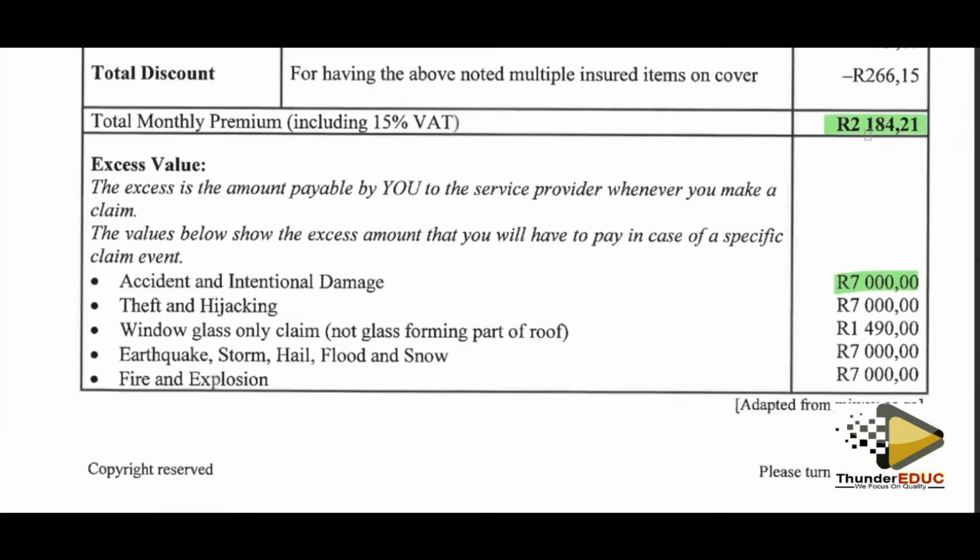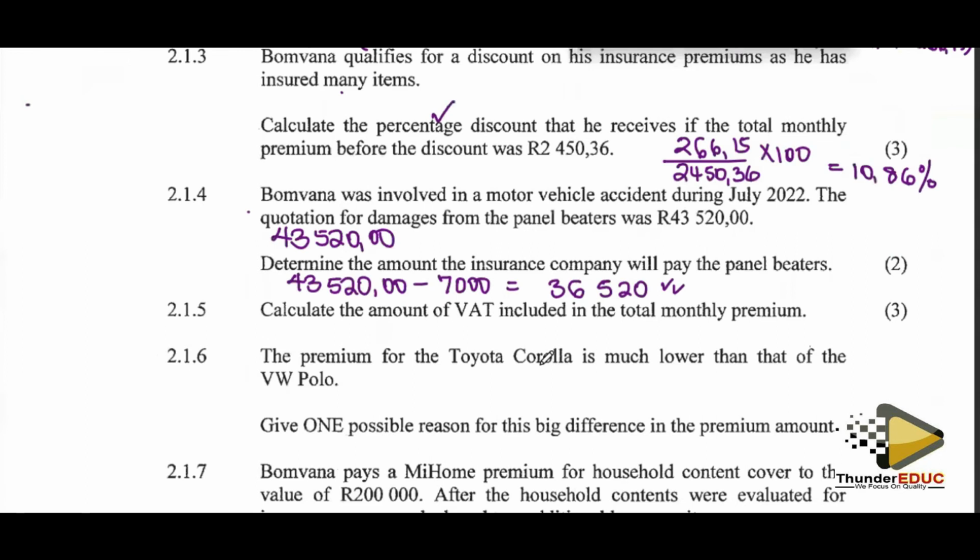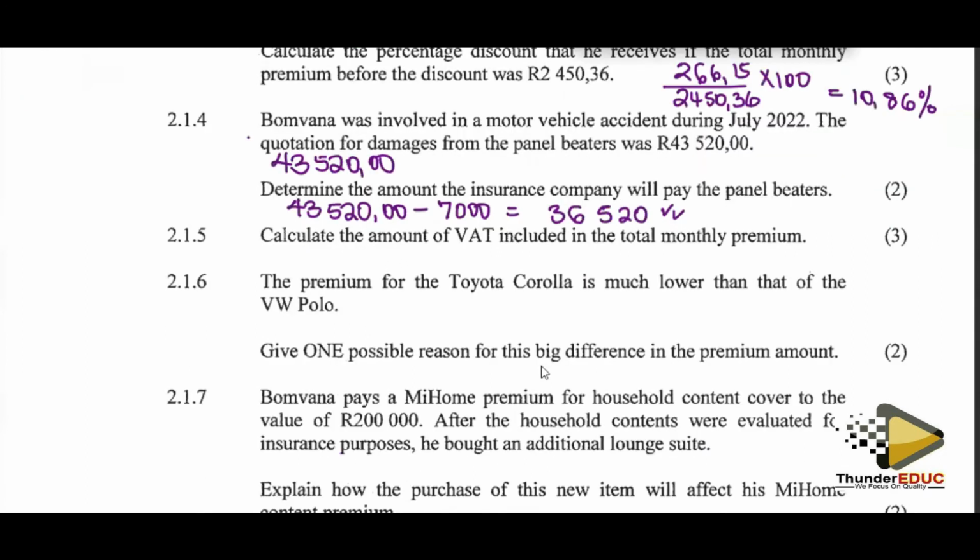So all you have to do, remember, since you're looking for VAT and the price already has VAT, the first thing you're going to do, it will be 15 over 115 times the amount of money the person is supposed to pay, which is 2,180 rands 21 cents.